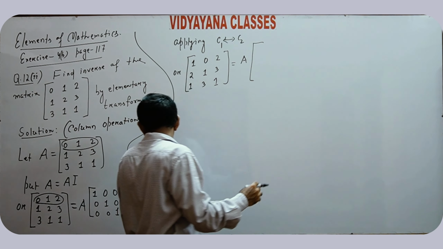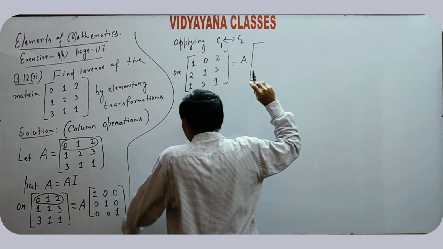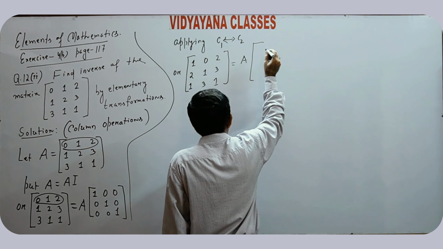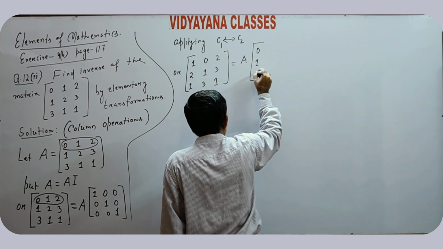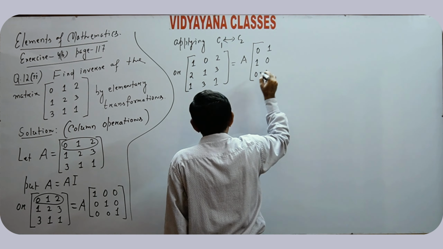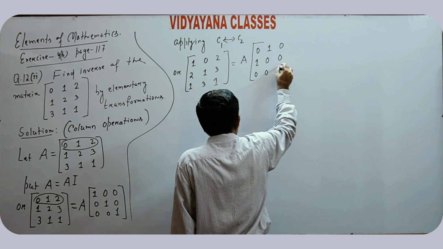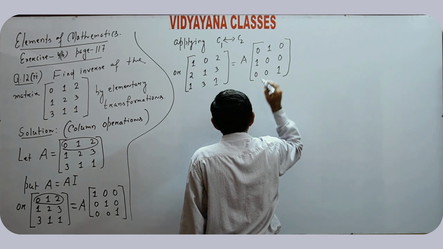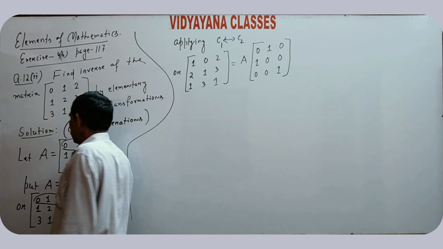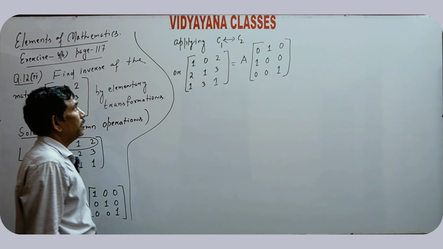Interchanging column 1 and column 2 in the unit matrix on the right hand side, it gives 0 1 0, 1 0 0, 0 0 1. Clear?